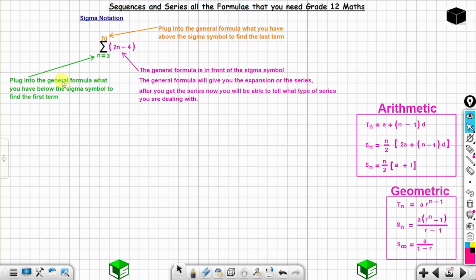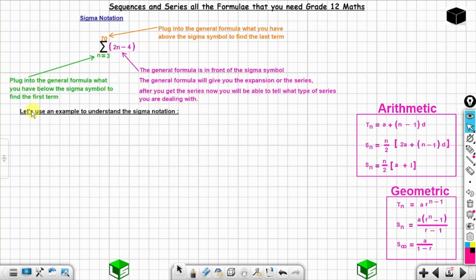So, to find the first term, you plug what you have below. To find the last term, you plug what you have above. And in front of the sigma symbol, you have the general formula. The general formula will give you the expansion or the series. Now, after getting the series, you are going to decide if you are dealing with arithmetic or geometric.